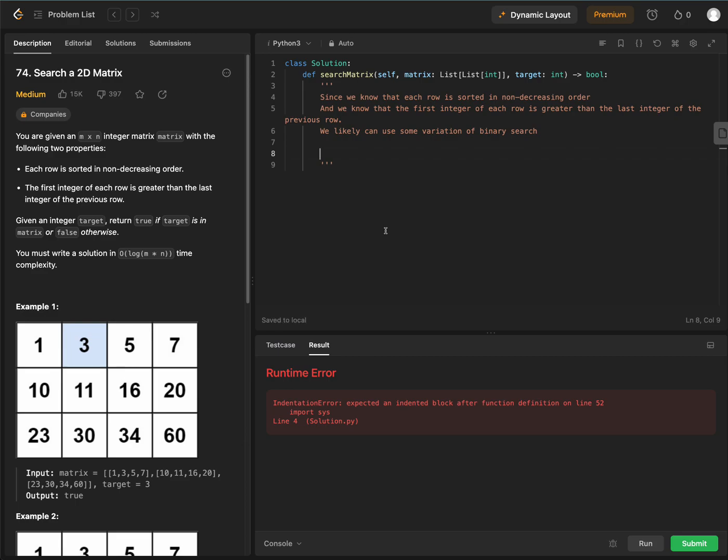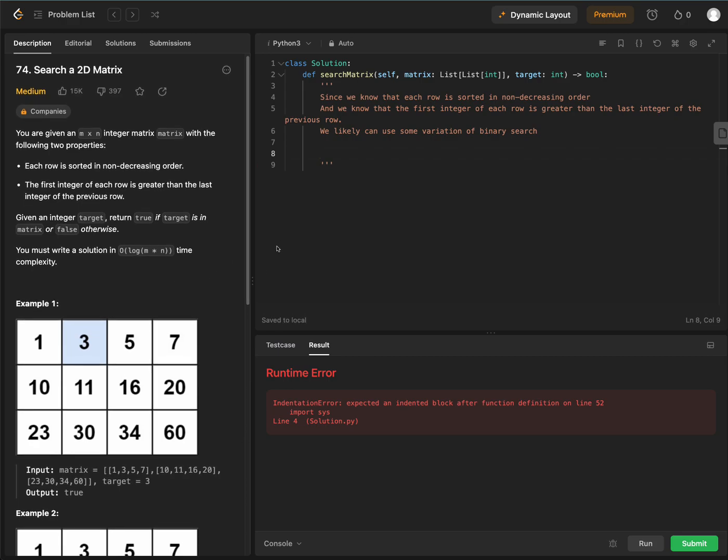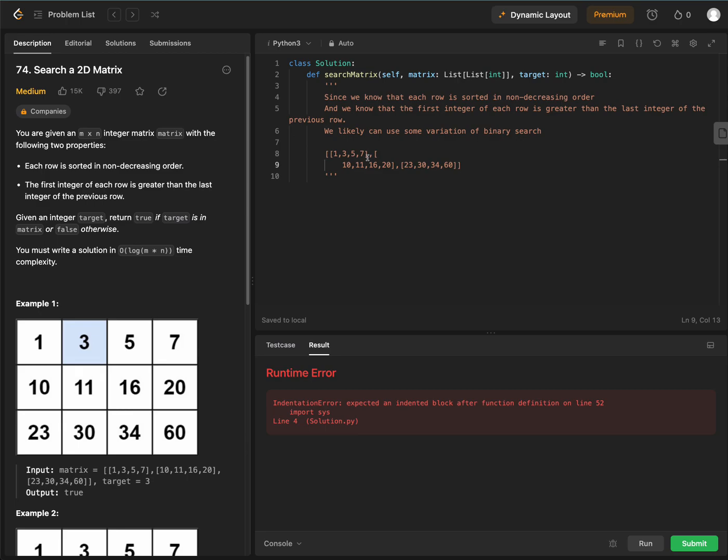So essentially when we are looking at this question, we can think that in a row we have 1, 3, 5, 7, 10. And for example, if we're looking at 9, let's paste this here and form this example, move this a little bit, and we got it.